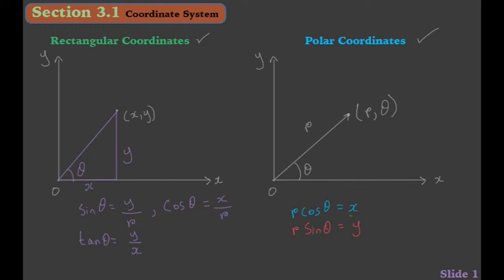Now we have x in terms of r and theta, y in terms of r and theta, and we have theta in terms of y and r, theta in terms of x and r, and theta in terms of y and x. Using all of these equations, we have come up with a way to define x and y in terms of r and theta.